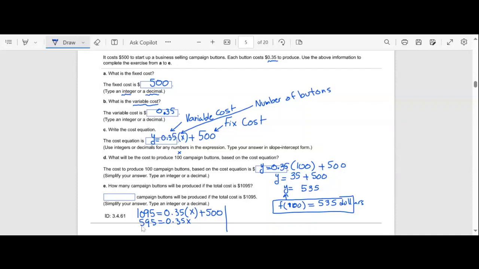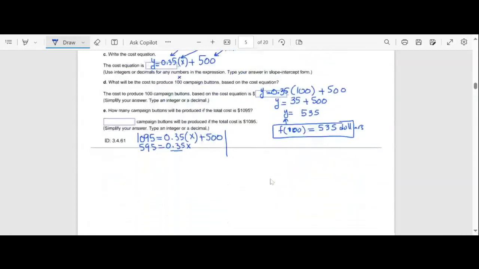And the next step, we have to divide by 35 cents. So divide by 0.35 on both sides. If you play with one side, you have to play with the other side.